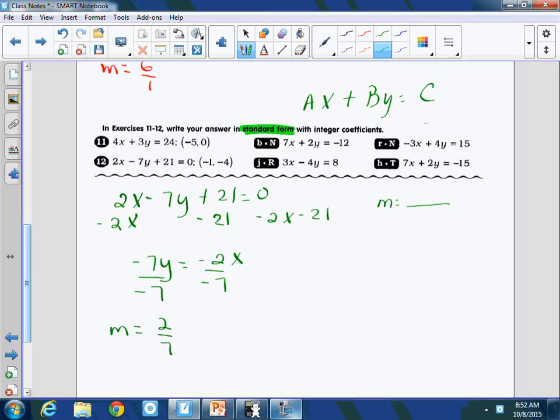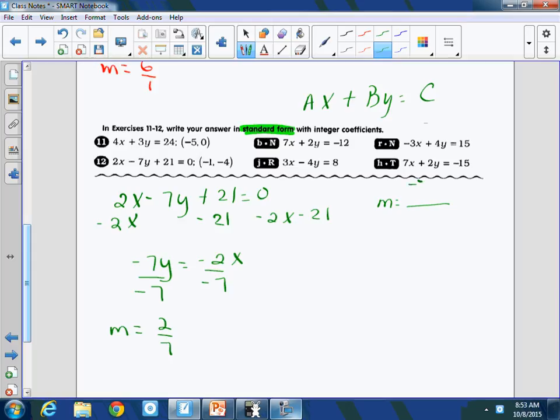Give me a name, everybody. Adrian, what's the slope of the line that is perpendicular to this one? Okay. Thank you. It's flip and the opposite.